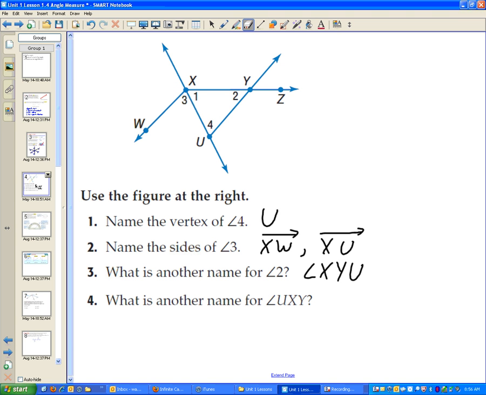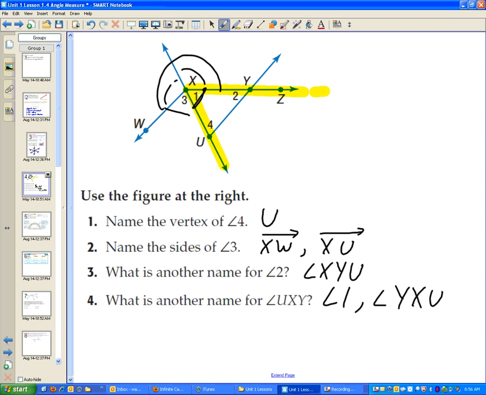All right. And last, another name for angle UXY. All right, so it starts at U, goes to X, then through Y. So that's the one we're talking about. What's another name for that? Angle 1 will work. Angle YXU will work. There's even another one if you wanted to. I wouldn't want to go angle X, because that could be angle X, or that, or that, or that, or those two together.